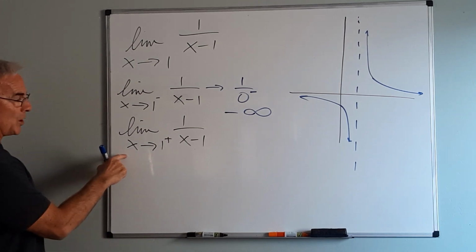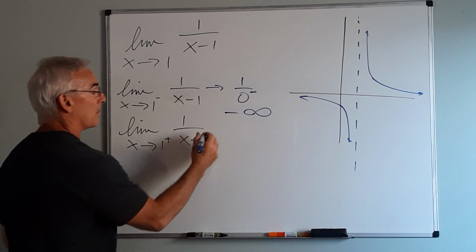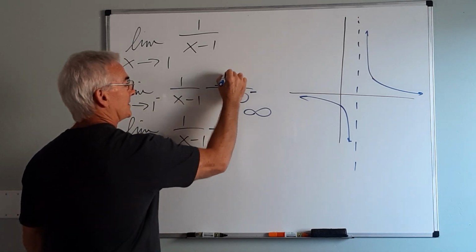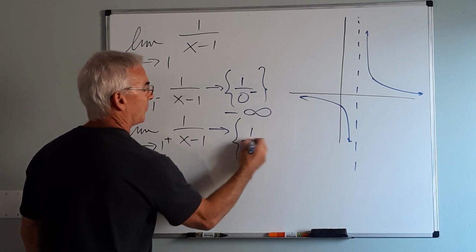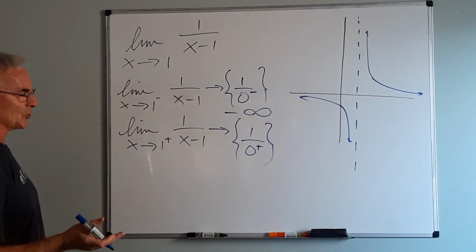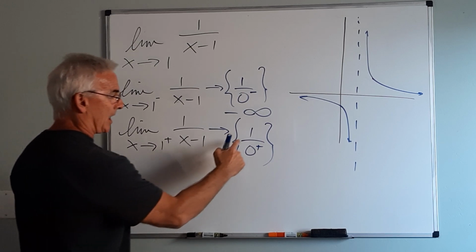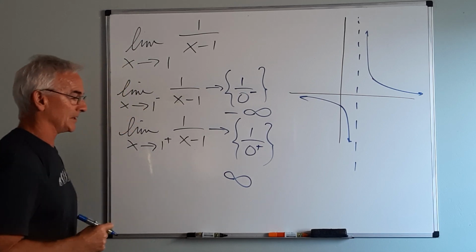Here, as I approach 1 from the right, then x minus 1 is approaching 0, but from the right. Now I'm going to put brackets here to indicate that it's not a number, but a form. Form, think about it as dictating strategy. So in this case, I am growing without bound, but positively. So this limit is positive infinity.